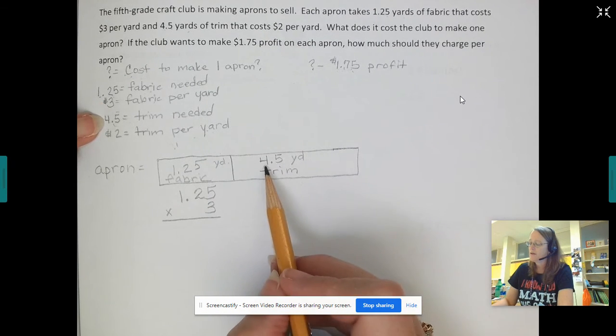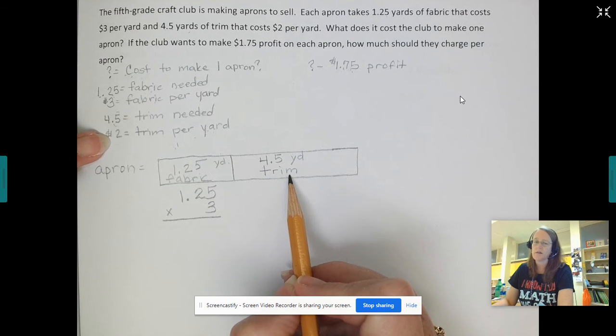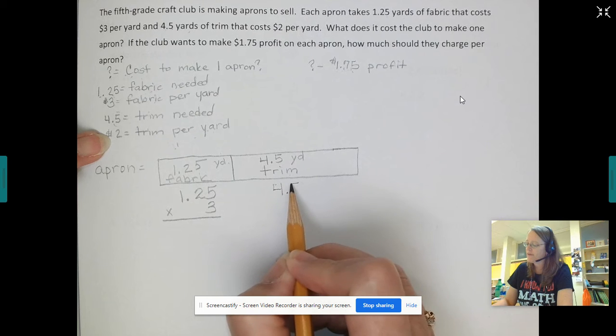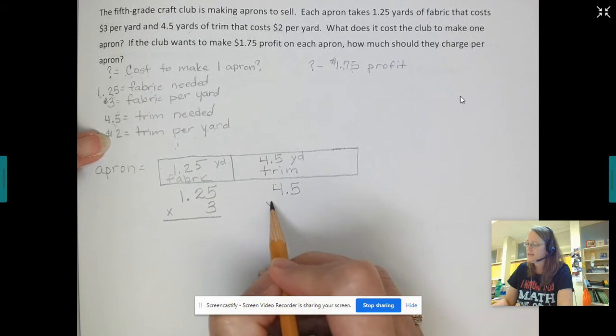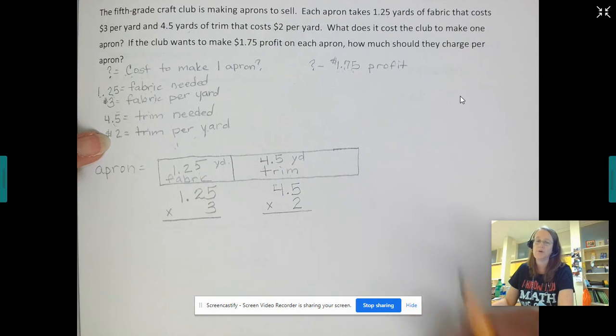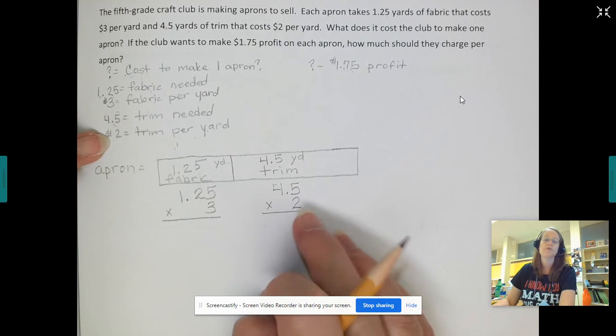And then the trim is $2 per yard. So we would multiply 4 5/10 yards that we need times the $2 per yard for the trim.